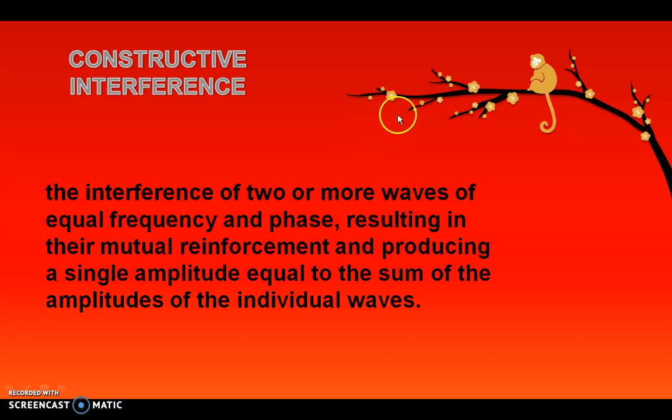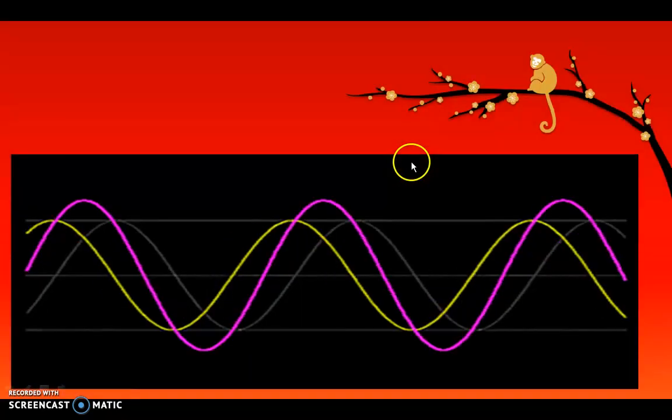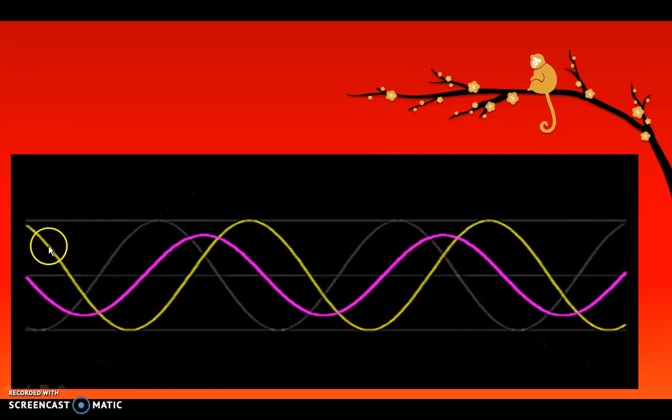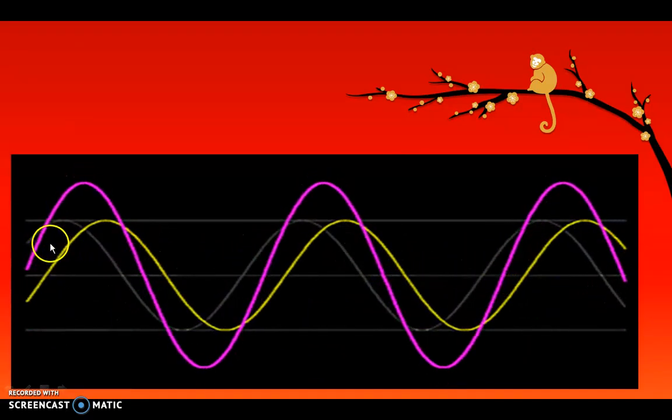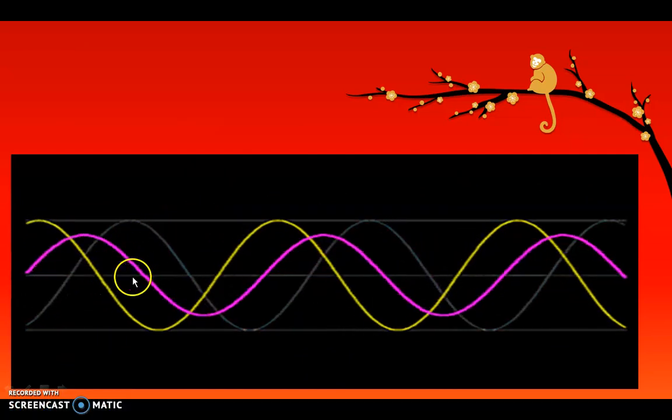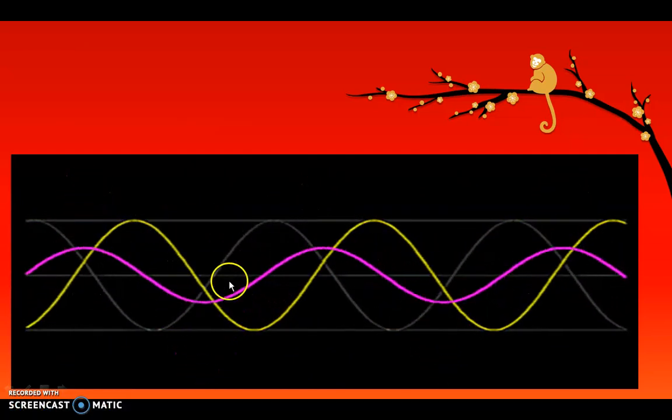So that type of interference is called constructive, when you construct a wave of higher amplitude, a wave that is bigger. For example, look at this. We have two waves here, the one yellow in color and the dark one. As you can see the way they are moving, one is moving forward, one is moving backward.